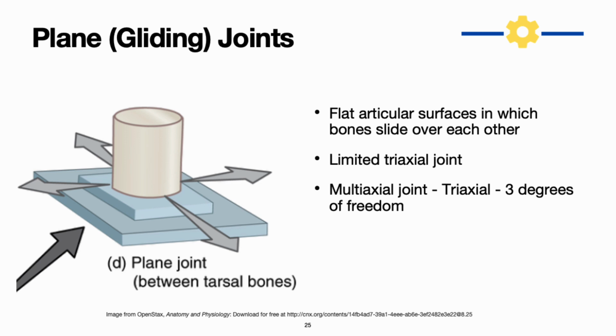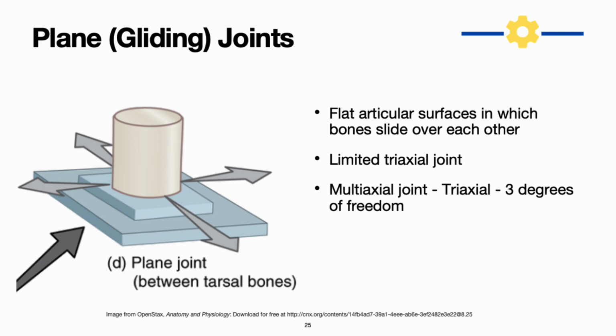But the motion typically is fairly small. We see these joints in the wrist between the different carpal bones. We see it in the foot between the different tarsal bones. And they're flattish surfaces, and they can move on one another in 3 degrees of motion.